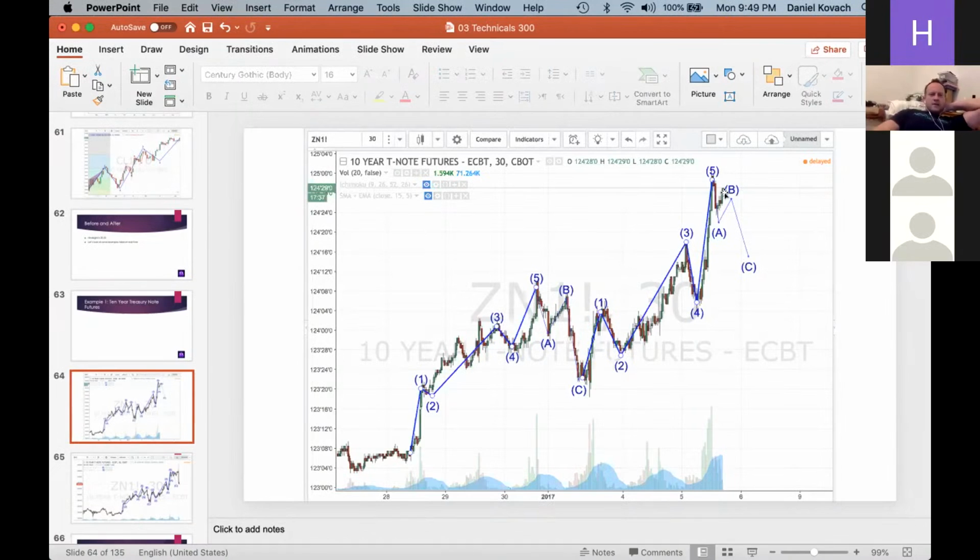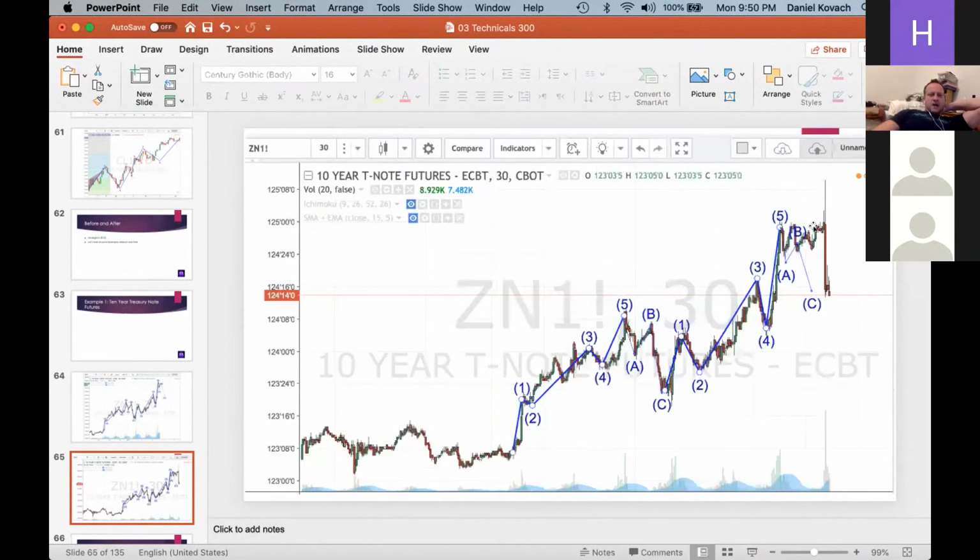So here I'm expecting this to retrace. What we saw was it took its time, and I should readjust this because we did have a little breakout here, but it collapsed subsequently. That was because of a data point.